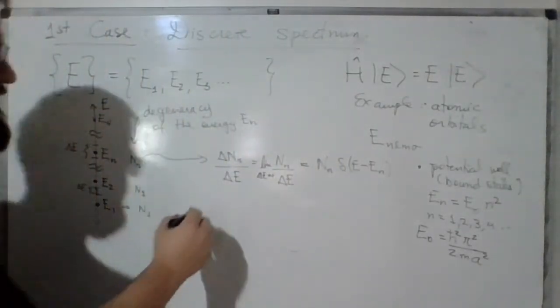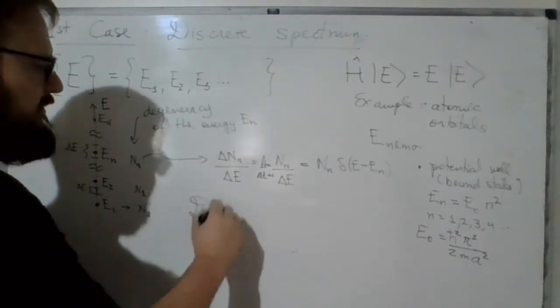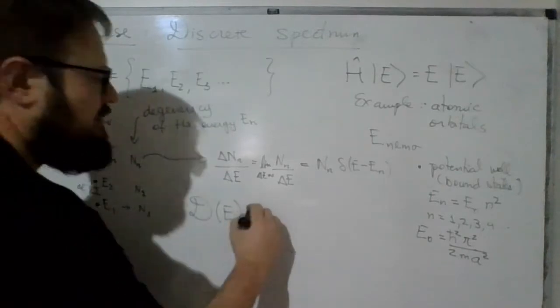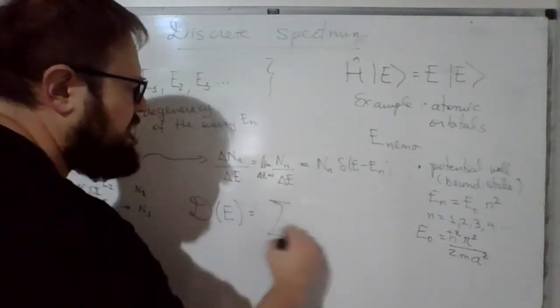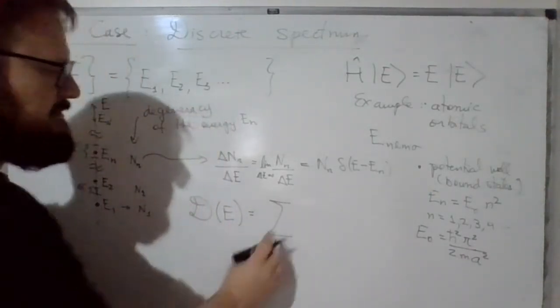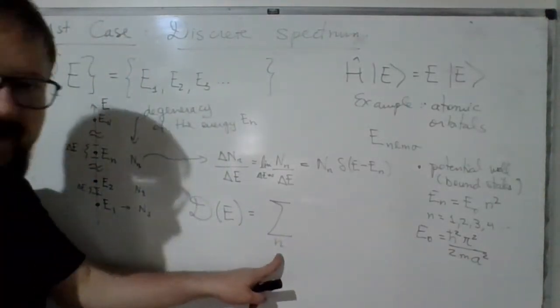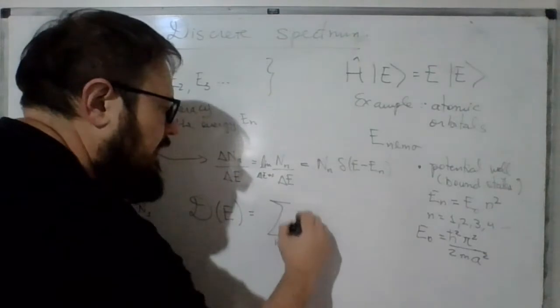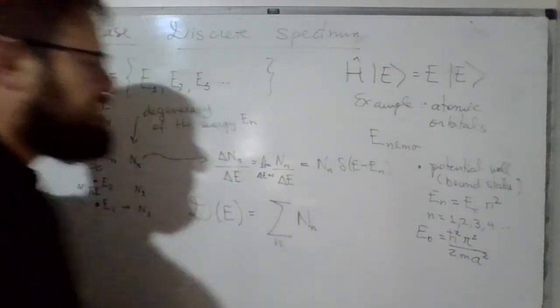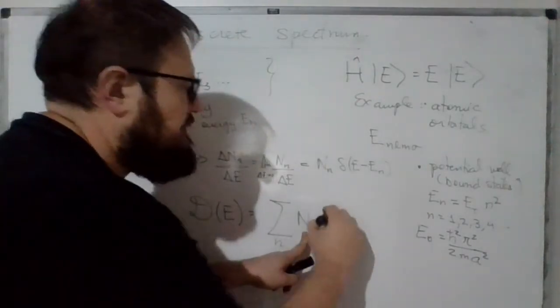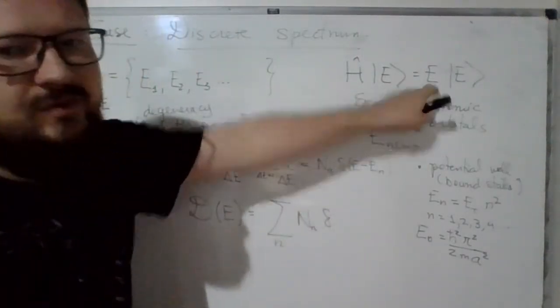Okay, so the general situation for the density of states in this case will be a summation over n, okay, over n, the number of allowed states at a particular energy, which is a solution of the Hamiltonian here.